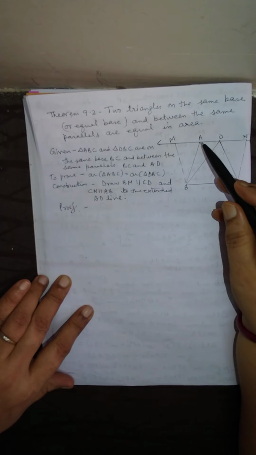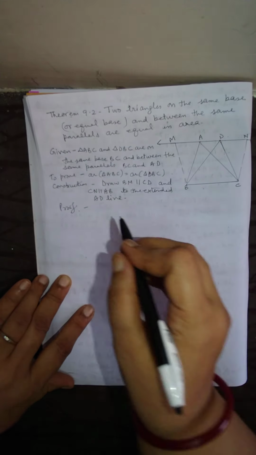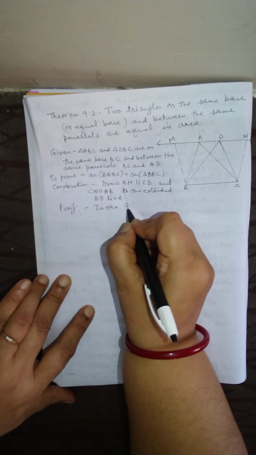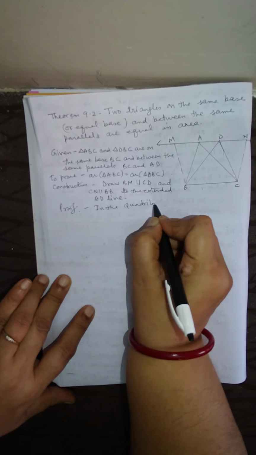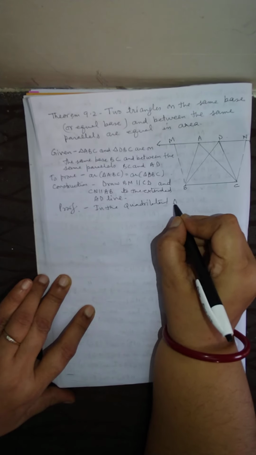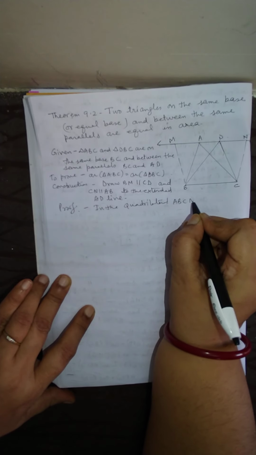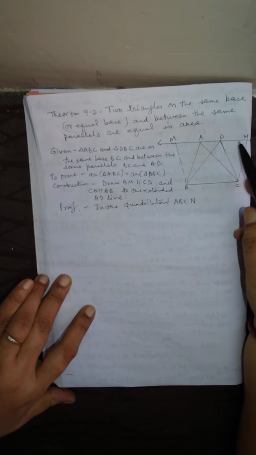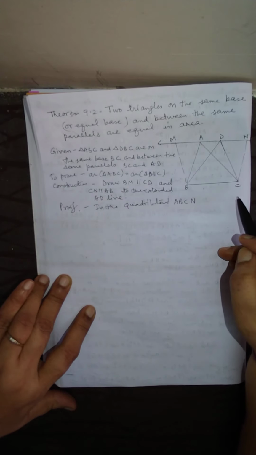Now see the proof. In the quadrilateral ABCN, AN is parallel to BC.